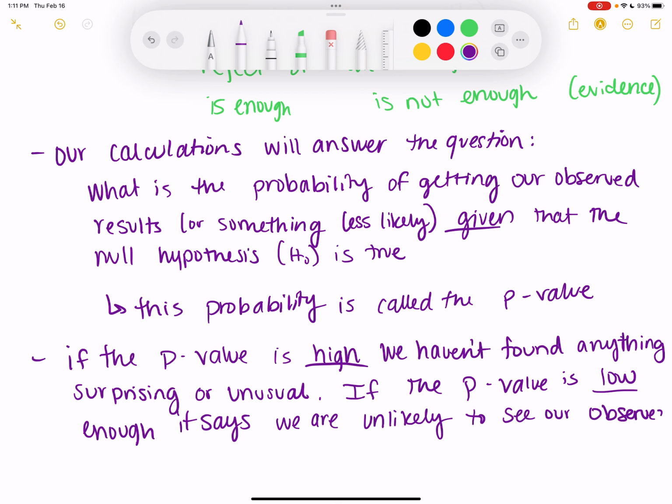So it may cause us to reject the null hypothesis. If we don't reject, we say we fail to reject.